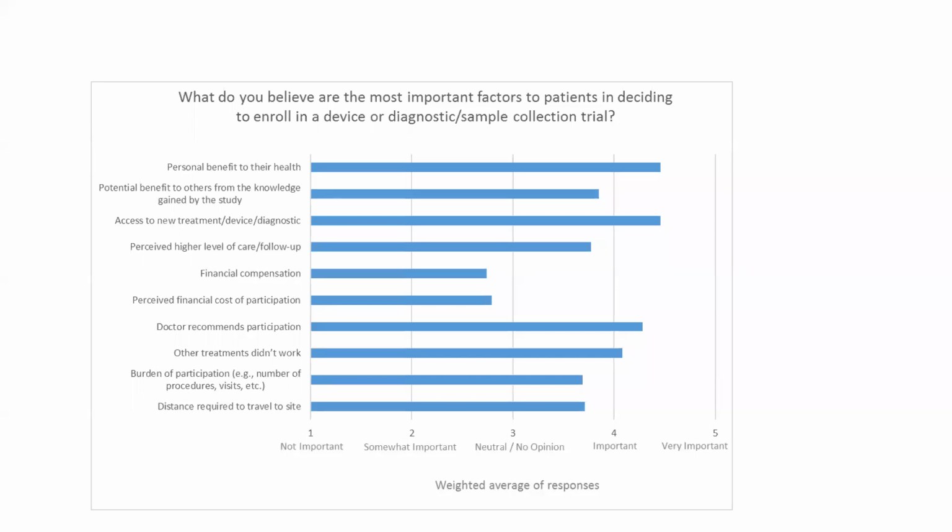But then our industry partners tend to invest most of their recruitment dollar in working with physicians to identify patients. So, kind of an interesting disconnect, and perhaps an opportunity for MDIC and others to continue to educate about what opportunities may be out there to engage with patients in a meaningful way.